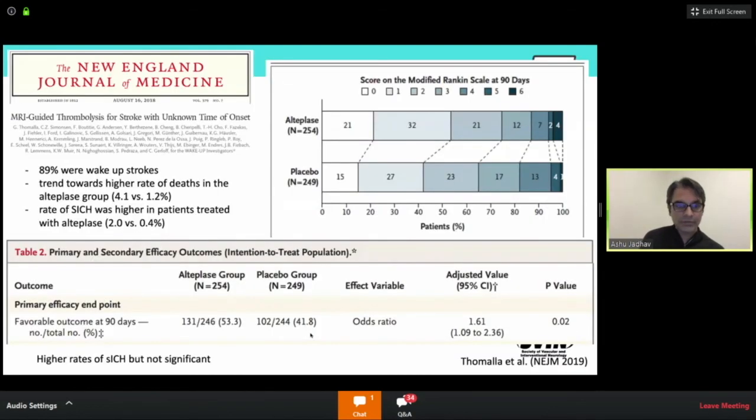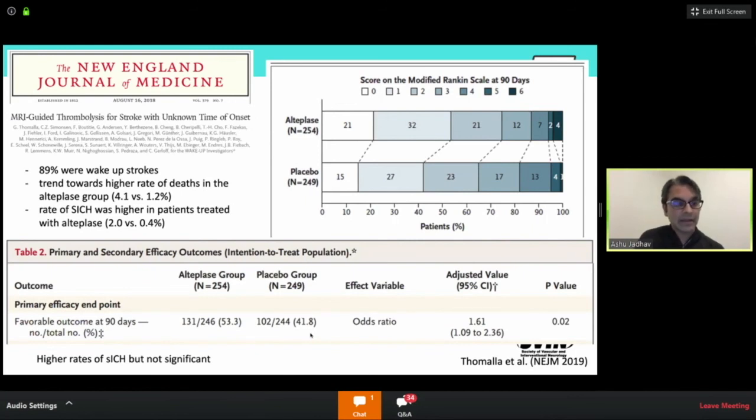So the WAKE-UP trial took patients that were either wake-up patients, as the trial's name suggests, or a small percentage of patients who actually came in within the early time window based on symptom onset, and those patients were randomized to receive alteplase versus placebo.